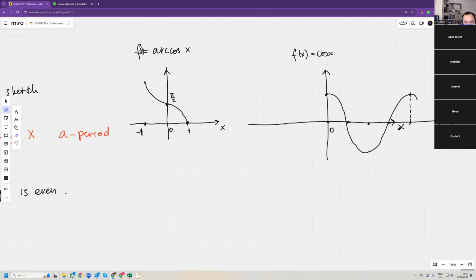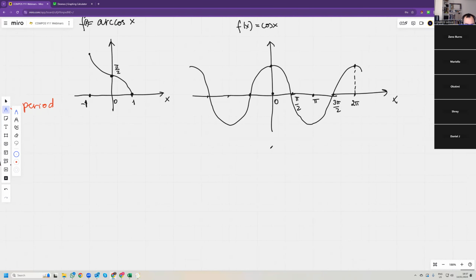And of course, this is pi over 2, this is pi, this is 3 pi over 2, and this is 2 pi. So we are interested to sketch this graph from 0 to pi and then just repeat it, because it's going to be periodic and symmetrical. Okay.